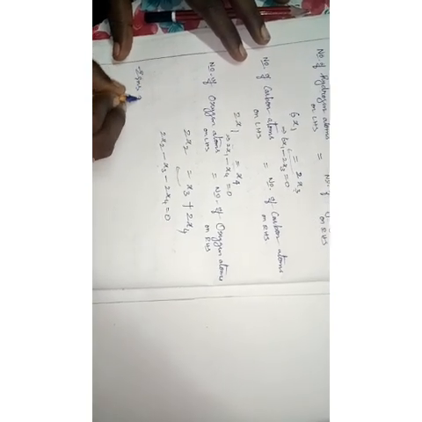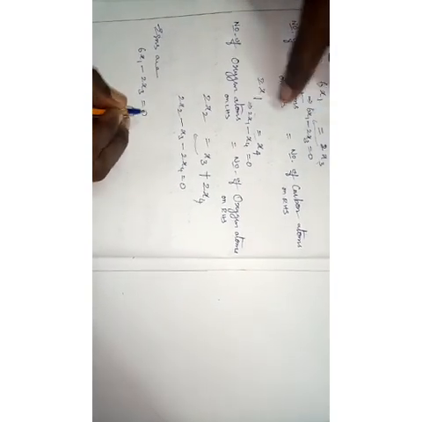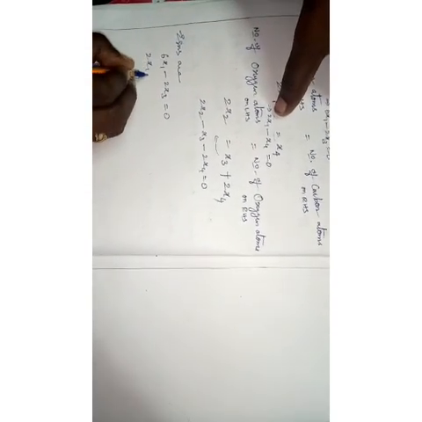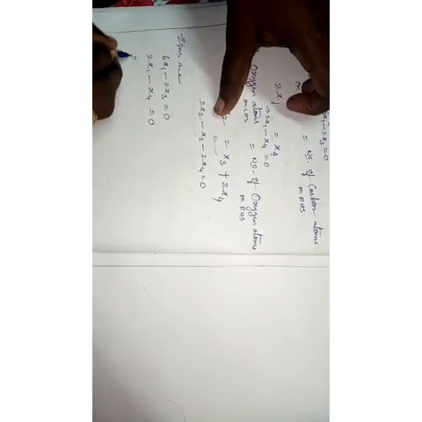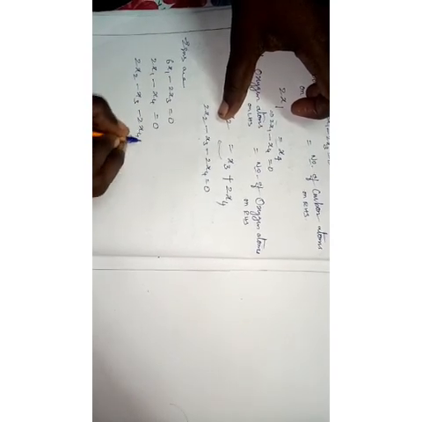You take and write all the equations. So the equations are: 6x1 minus 2x3 equal to 0. Next, 2x1 minus x4 equal to 0. The last one, 2x2 minus x3 minus 2x4 equal to 0.